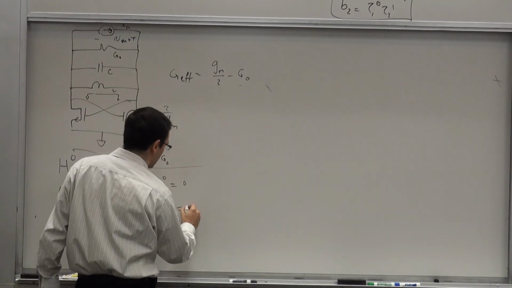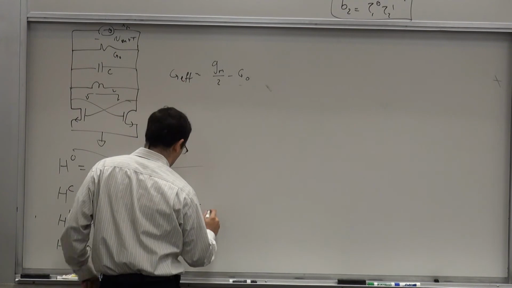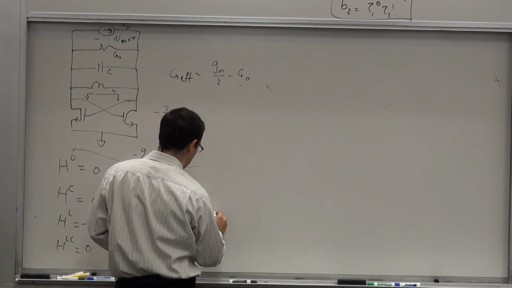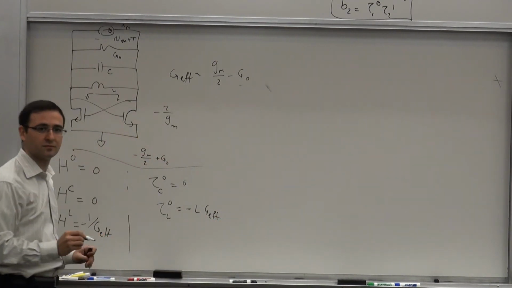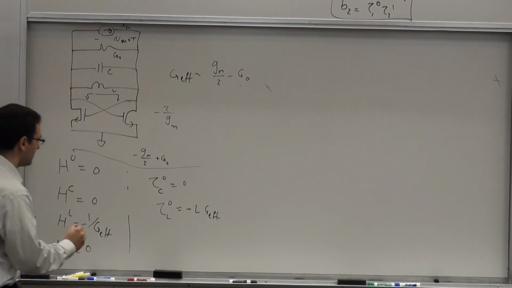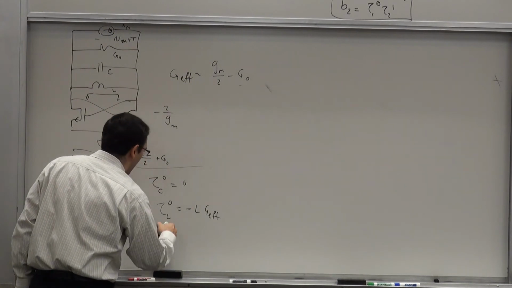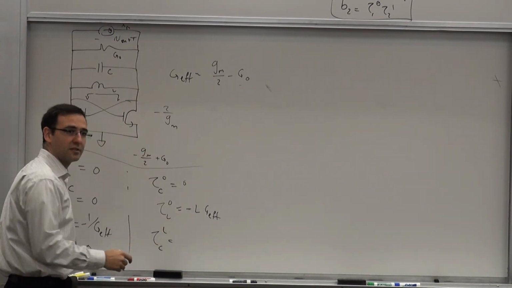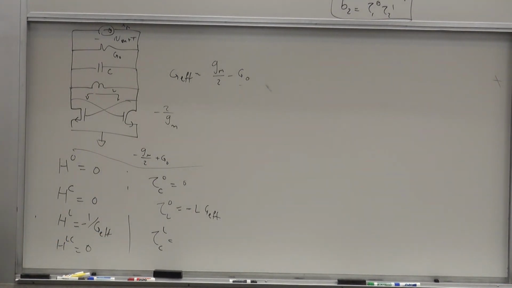Minus G effective, right? L over, well, L times minus G effective. Right? And what is tau? I should probably go with the tau CL, right? Because this is a non-zero one. What is the tau CL?